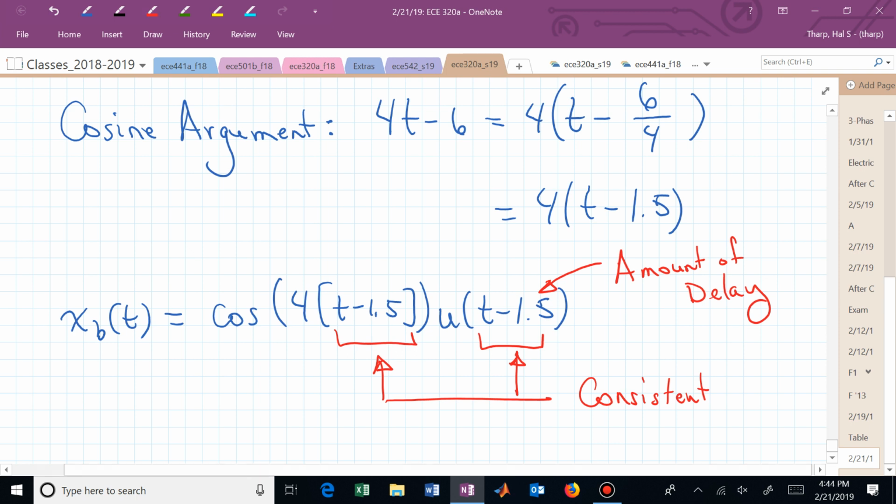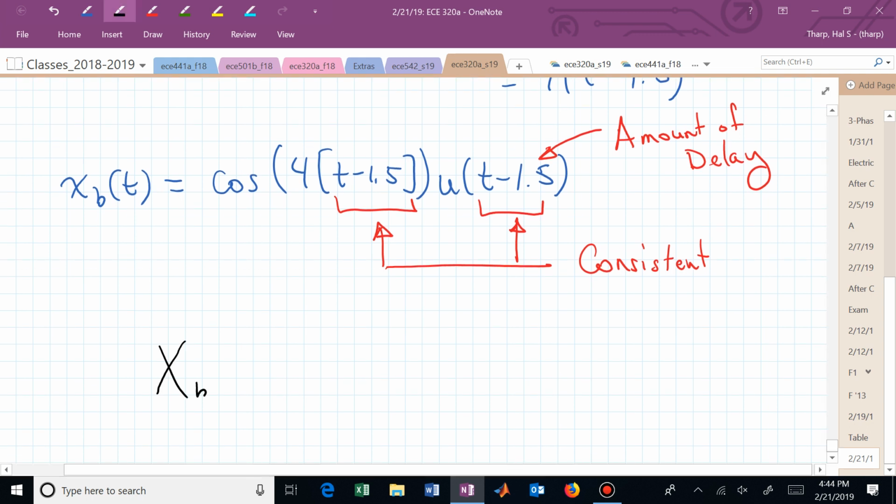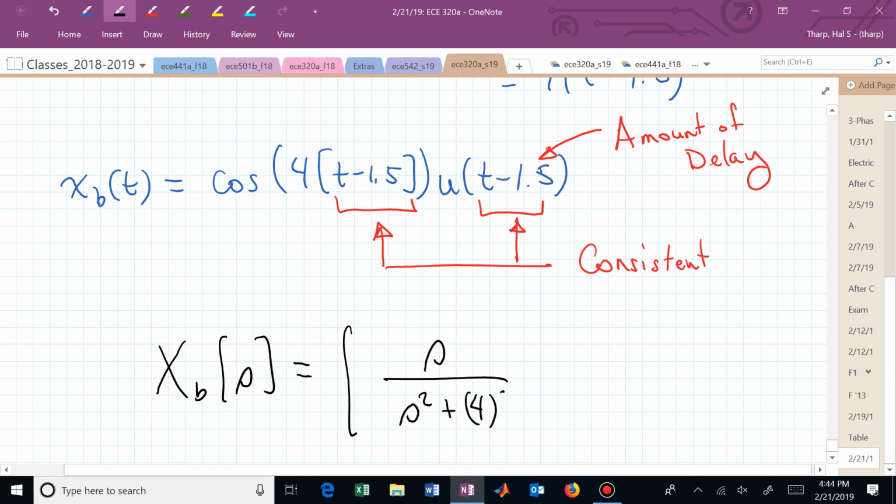Now we can use that first operational transform to produce capital X sub b of s. And if you were looking for partial credit, what would you do? You would just say s over s squared plus 4 squared, and you would say, oh, I forgot how to translate for the delay. But if you remember, then you can simply say, oh, it's e to the minus s times 1.5, or e to the minus 1.5s.